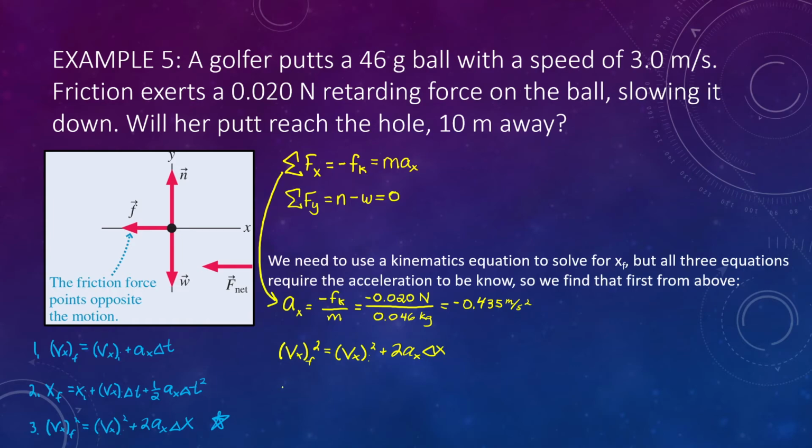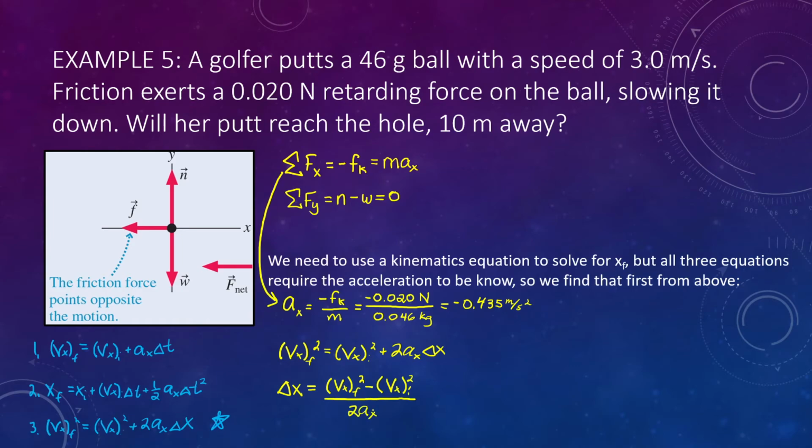So let's rearrange this for delta x. Well, subtract Vx initial over. So we're going to have Vx final squared minus Vx initial squared. And then divide all of that by 2a.